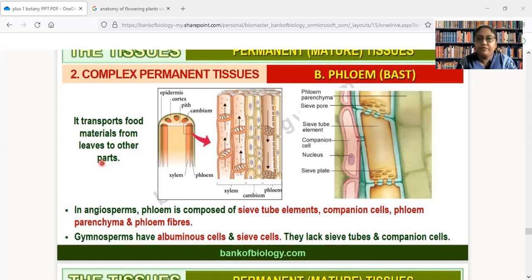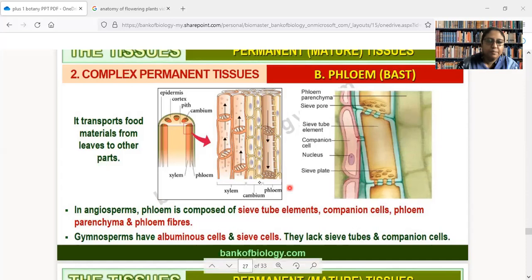But in case of food, it is not always passive transport, it can be active transport too. That's why phloem cannot afford to have non-living cells present in it. So in phloem most of the cells are living. Only phloem fibers are non-living.